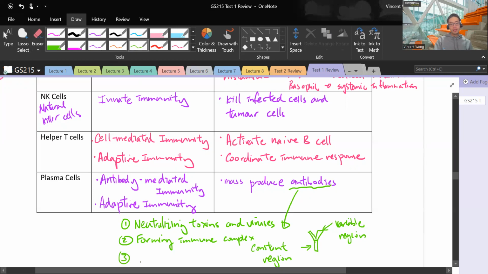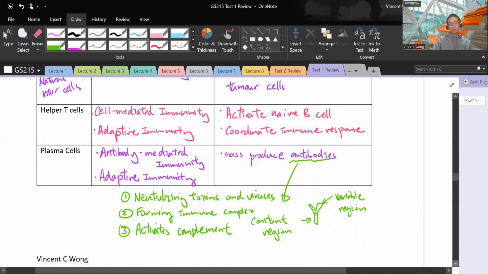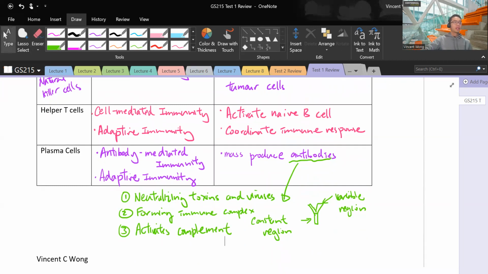And the last one is that it will help with activating complement. Activates complement. All right. And these are the strategies that we use to clear the pathogen, to clear the infection. All right.